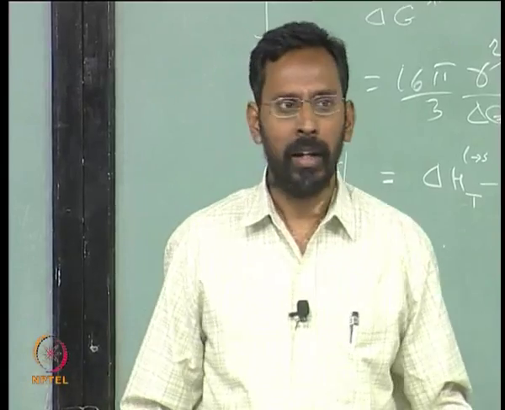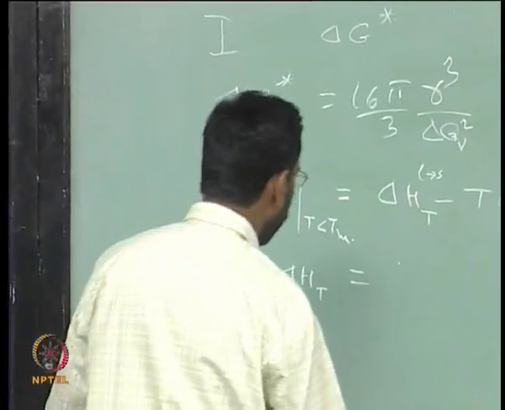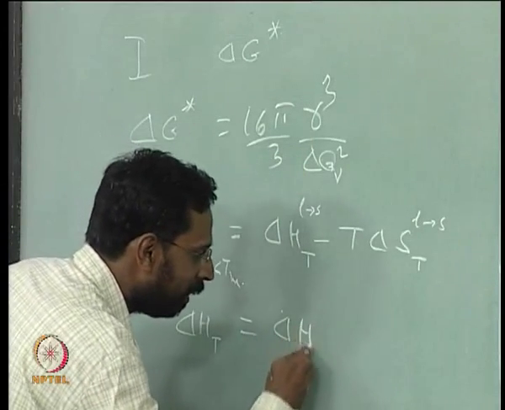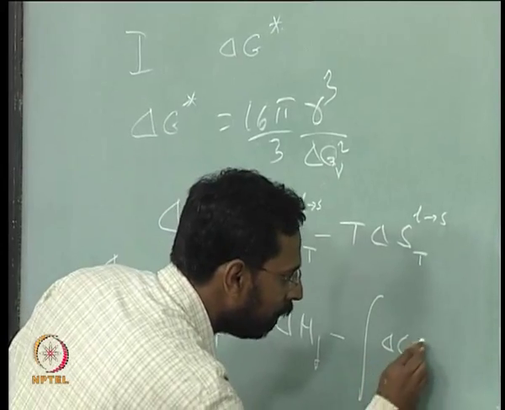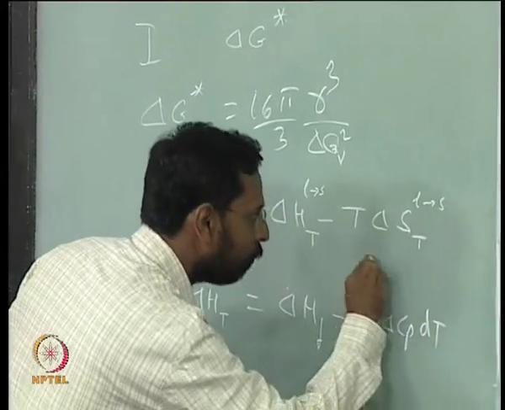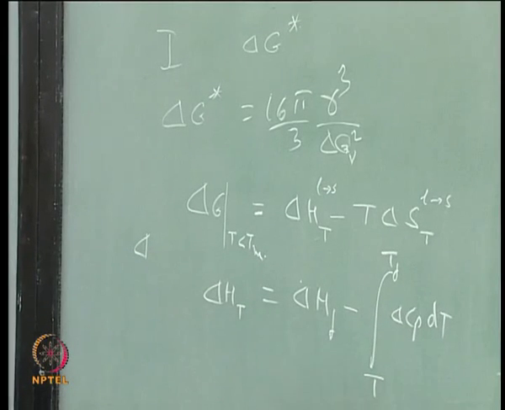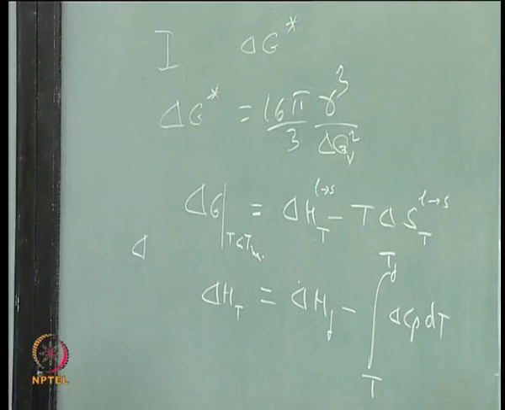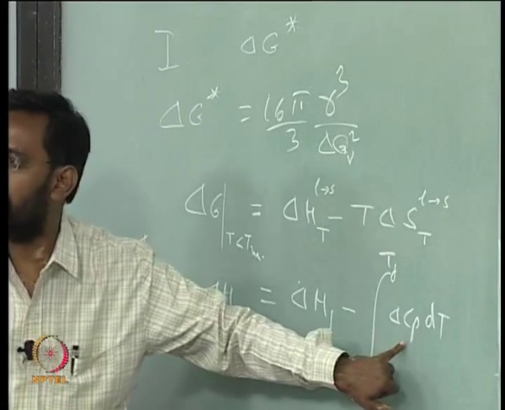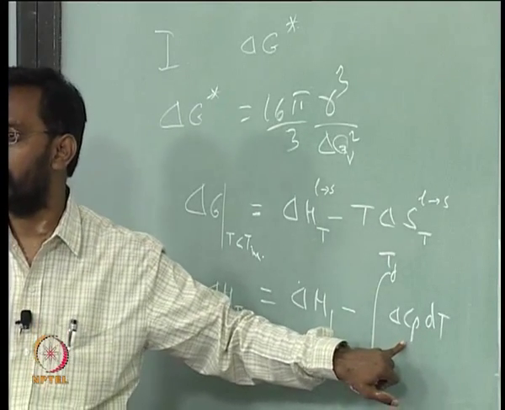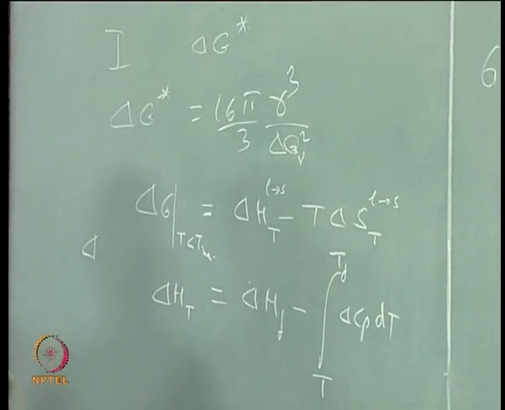At the melting point it is nothing but delta H of fusion, the latent heat of fusion, and if I know that, then I can say delta H at T is delta HF minus the integral of delta Cp dT from T to Tf. So, delta H at any temperature can be found out if I know the delta Cp. What is the delta Cp? Heat capacity difference between liquid and solid.